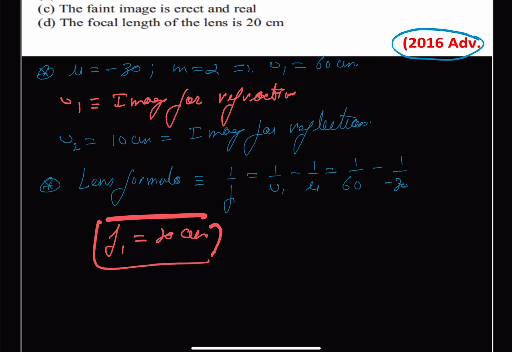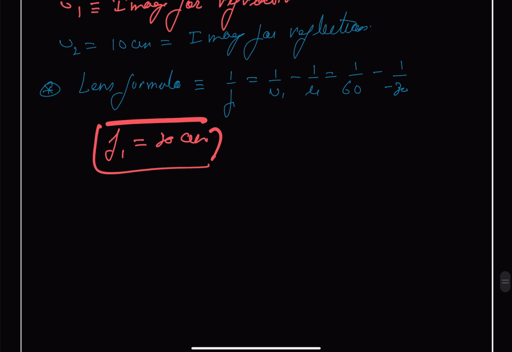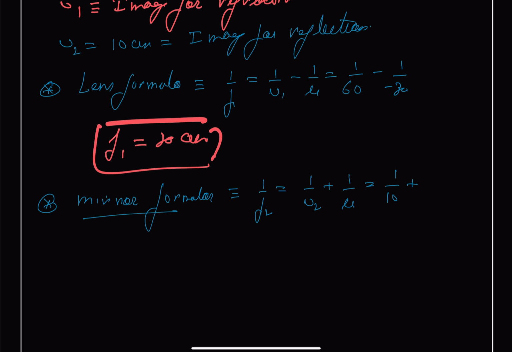Then we can use the mirror formula, which is 1 upon f2 is equal to 1 upon v2 plus 1 upon u. So this comes to 1 upon 10 plus minus 30.